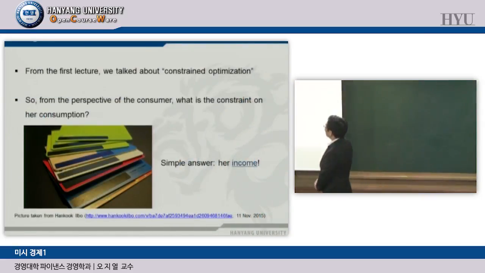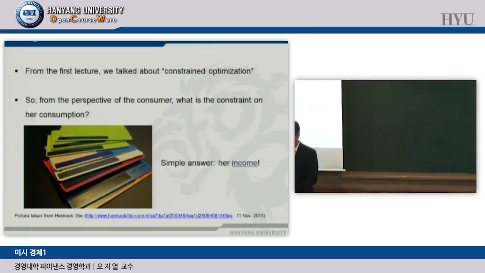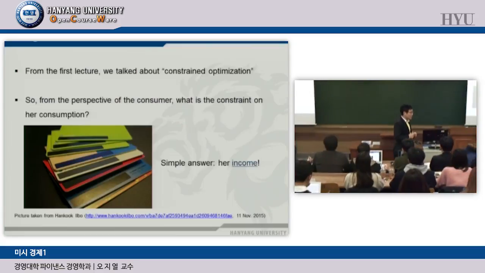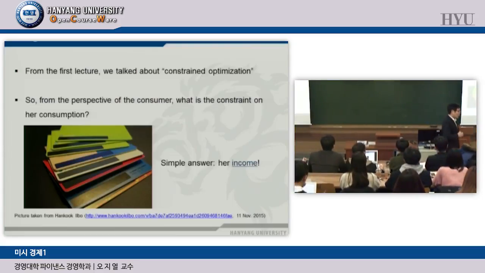So, from the perspective of the consumer, everyone here is a consumer. I think I'm going to be killed by my wife, but at the end of last lecture on econometrics, for those who are here, you remember, I used the example of how my wife's spending on cosmetic products is definitely positively related to her spending on shoes.